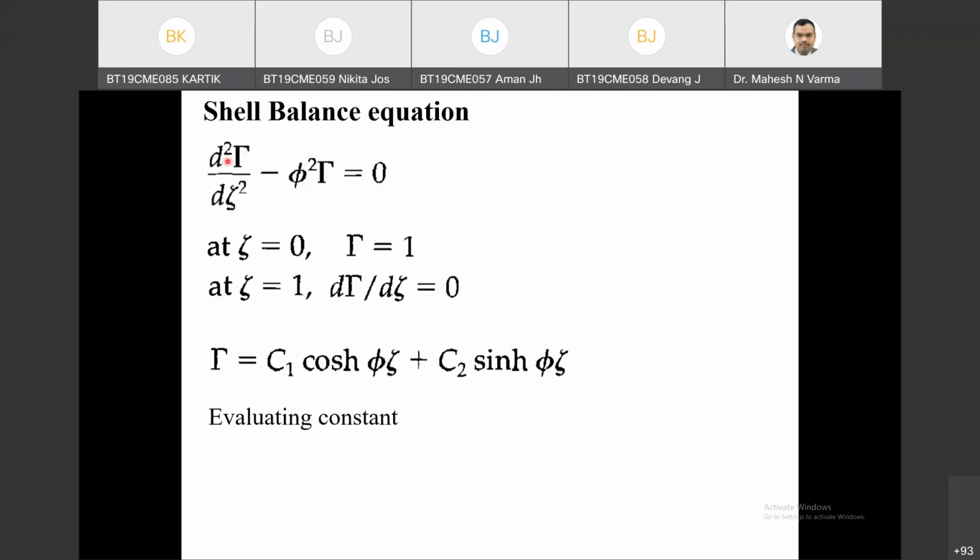So for this equation I am getting the hyperbolic solution, and now evaluate the constants. If you are very much interested, you can go through the mathematics books to see how to get this solution.